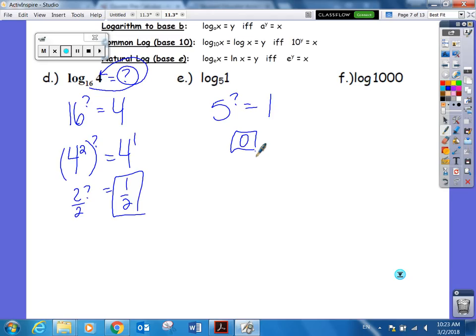The reason for that is 10 to the what equals 1,000? Well, it's going to be 3. So if that was 10,000, the answer would have been 4. 100,000, the answer would be 5. A million, the answer would be 6, and so forth. That will always happen on those. And you'll see, I think log of 10 equals 1 was one of your properties that you can remember as well.